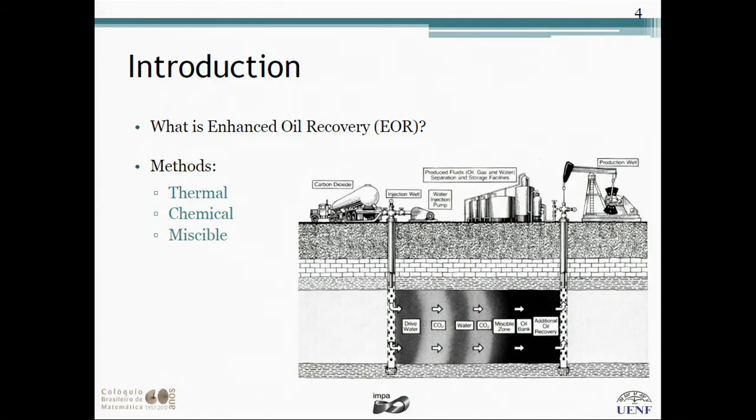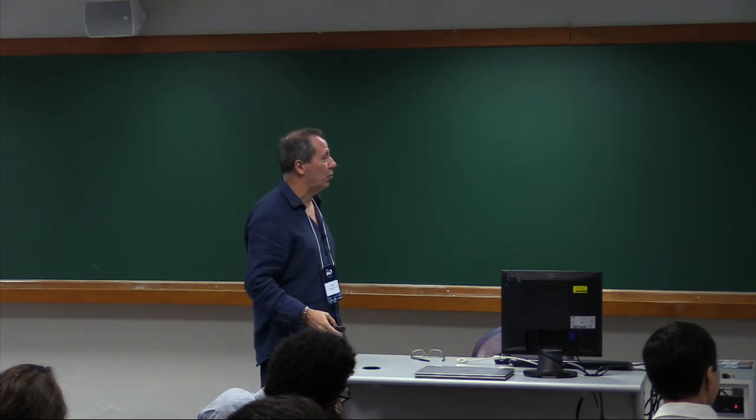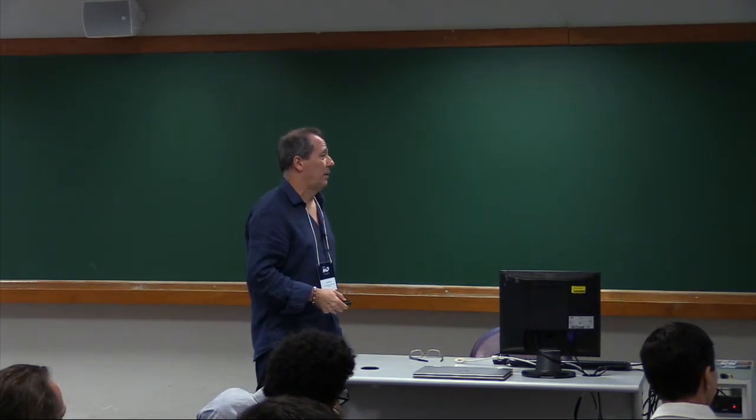Okay. So why use enhanced oil recovery? The idea of enhanced oil recovery is to try to produce that difficult oil. And enhanced oil recovery maybe is the only way to produce some oil like very, very viscous, highly viscous oil using thermal methods.